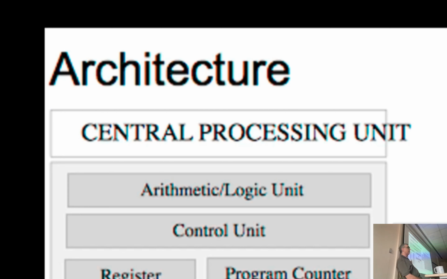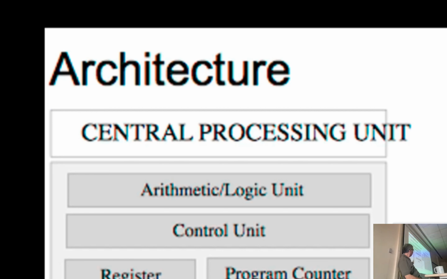How many registers do you have? 16. But in hexadecimal standard, it's up to F. Register 0 to register F. F is equal to what in decimal? F is 15, not 16, because you start from 0. So from 0 to F, and you have the instruction register, and you have the program counter.